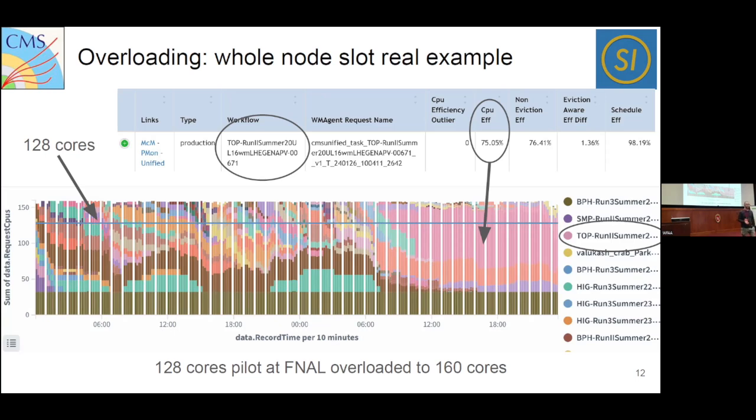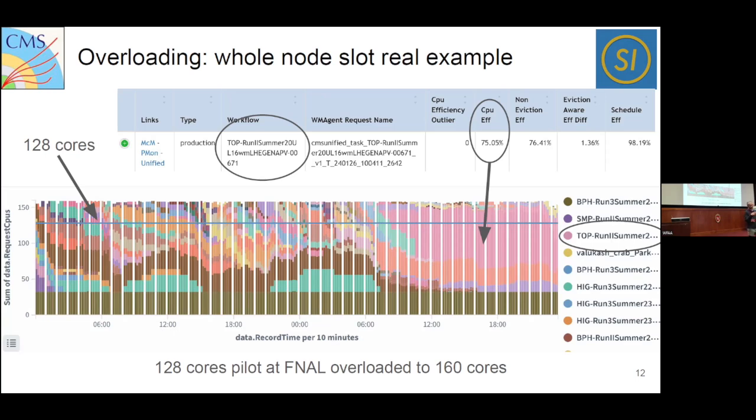A quick question here: did you consider using nice values for the overloading? In the old days they called them nice values. We even had a version that we called the Bologna batch system. We considered that.